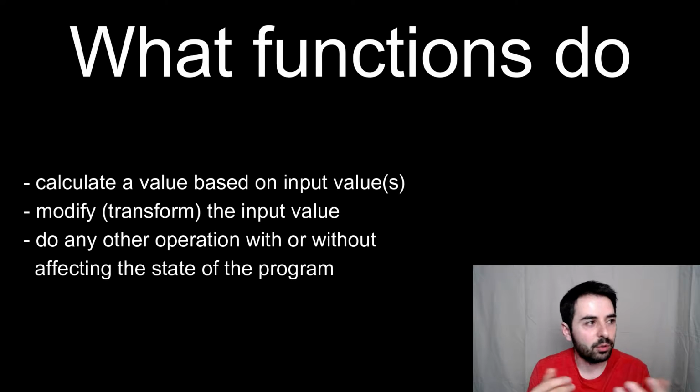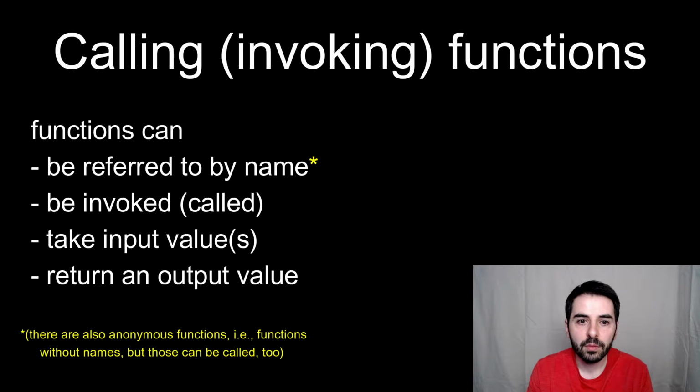It can be, for instance, printing something on your screen, on your console, or writing something in a text file, or even invoking some program or sending some request to a program running on another machine. So that means making a network call. So functions can do basically anything your program can do.